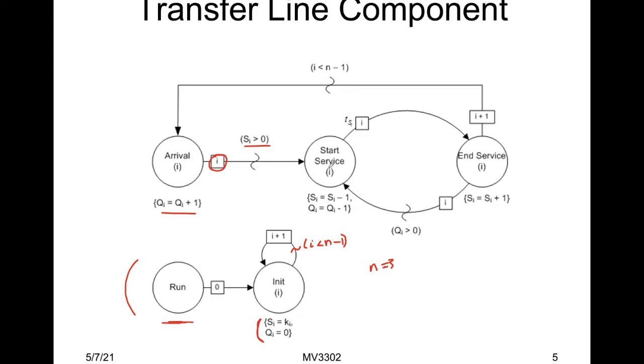Looking at the start service at station I, it decrements Q_I and S_I. In other words, it takes a guy out of the ith queue, it takes a server out of the ith workstation, and then schedules an end service with a delay of the service time at station I. It's very small, but there's a subscript there: T sub S sub I. That's important because the service times at each workstation are typically different.